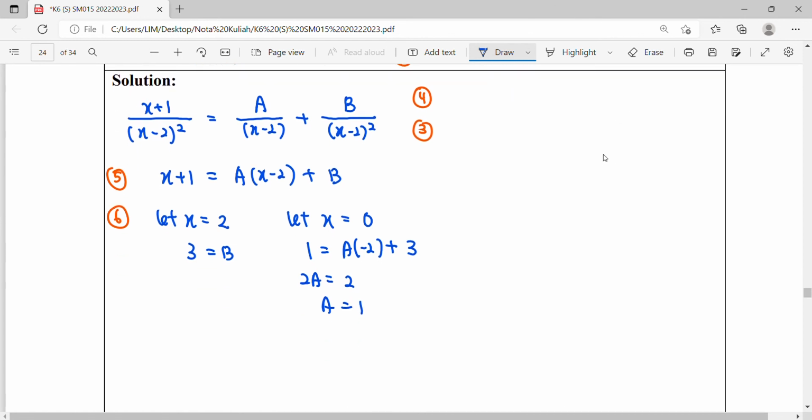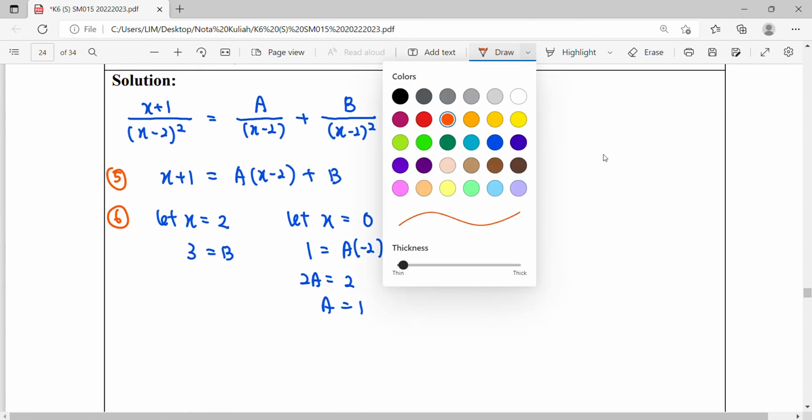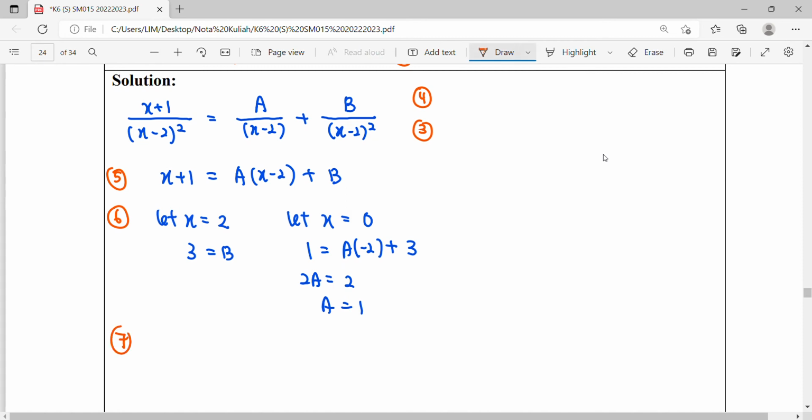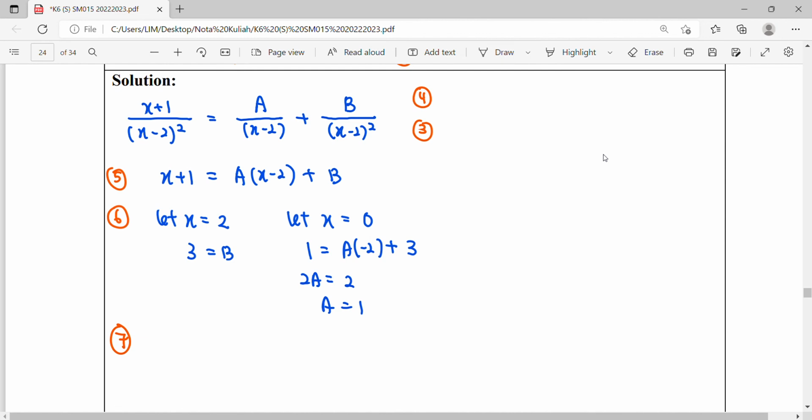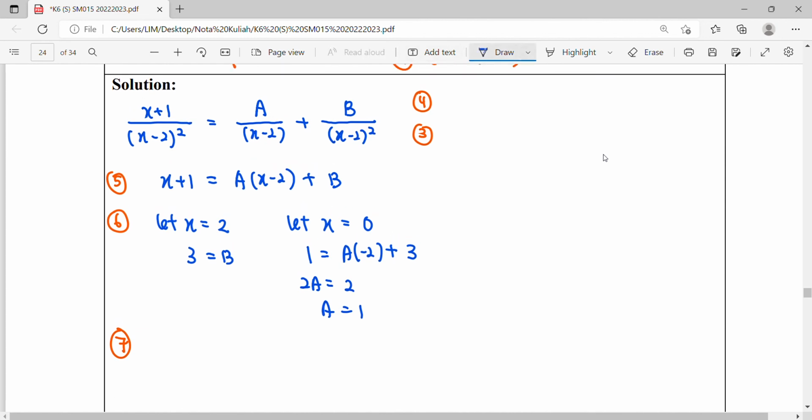Lastly, we substitute back the values of A and B so that this fraction can be expressed as its partial fractions. One of the partial fractions is 1 over (x - 2). The other partial fraction here will be 3 over (x - 2) squared.